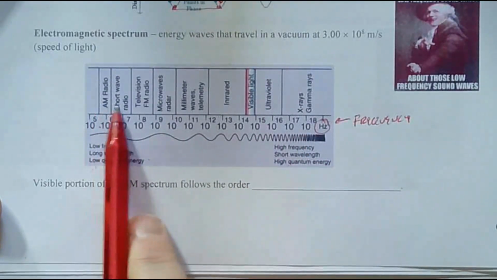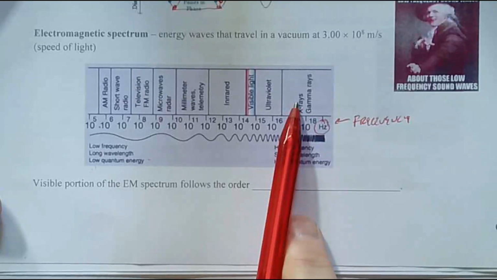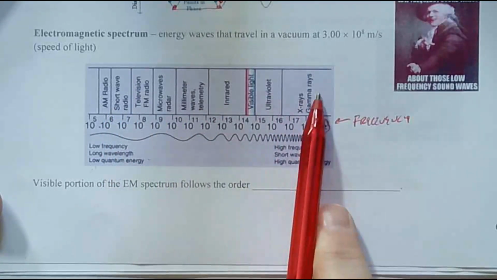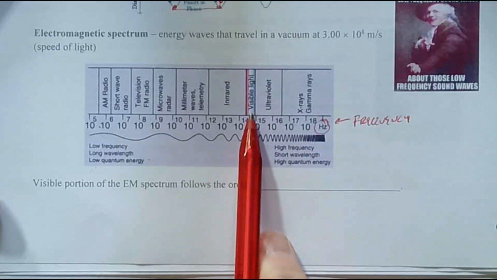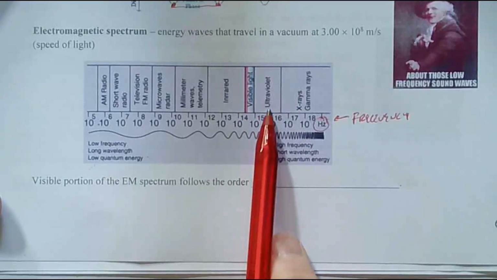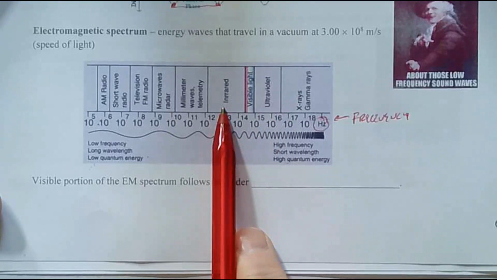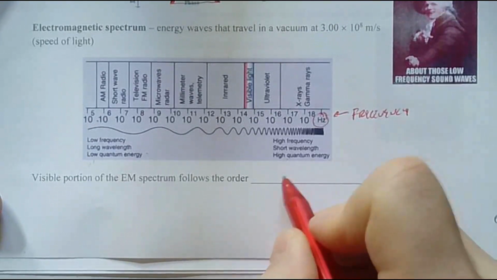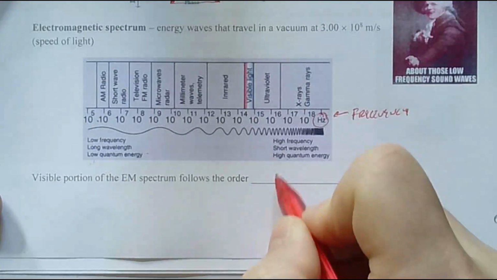And the way that these sections of the spectrum are categorized, you probably have heard of some of these. Obviously, you've heard of visible light. You've heard the term ultraviolet before. You've heard infrared. If you remember, the visible portion of the EM spectrum follows what order? The colors of the rainbow, right?